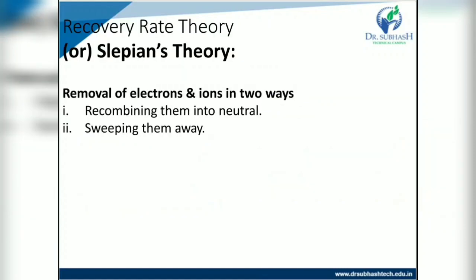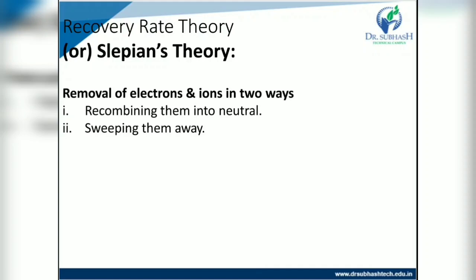So the recovery rate theory, Slepian's theory, is based on removal of electrons and ions in two ways: recombining them into neutral and sweeping them away.